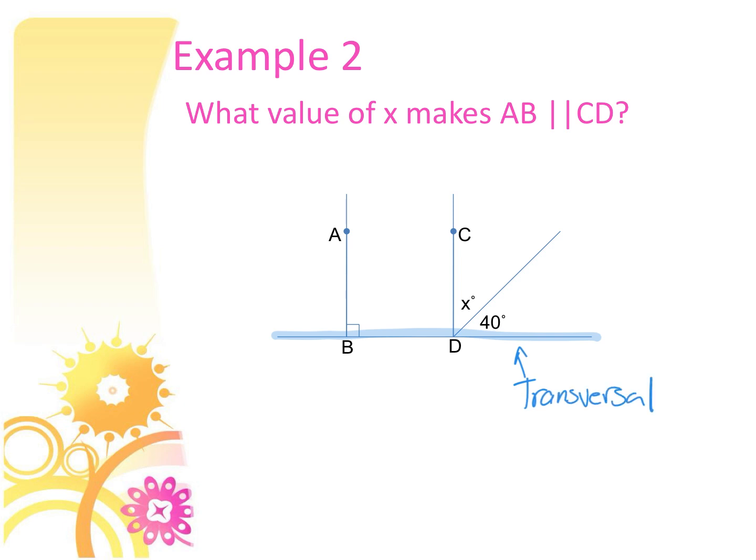So we figure out where that transversal was, and we're going to use corresponding angles. Since they give us that this is 90 degrees, we want to make sure this whole angle equals 90 degrees. So if I do 90 minus 40, I'm going to get 50. So that's the value that I want x to be in order to make the lines parallel.